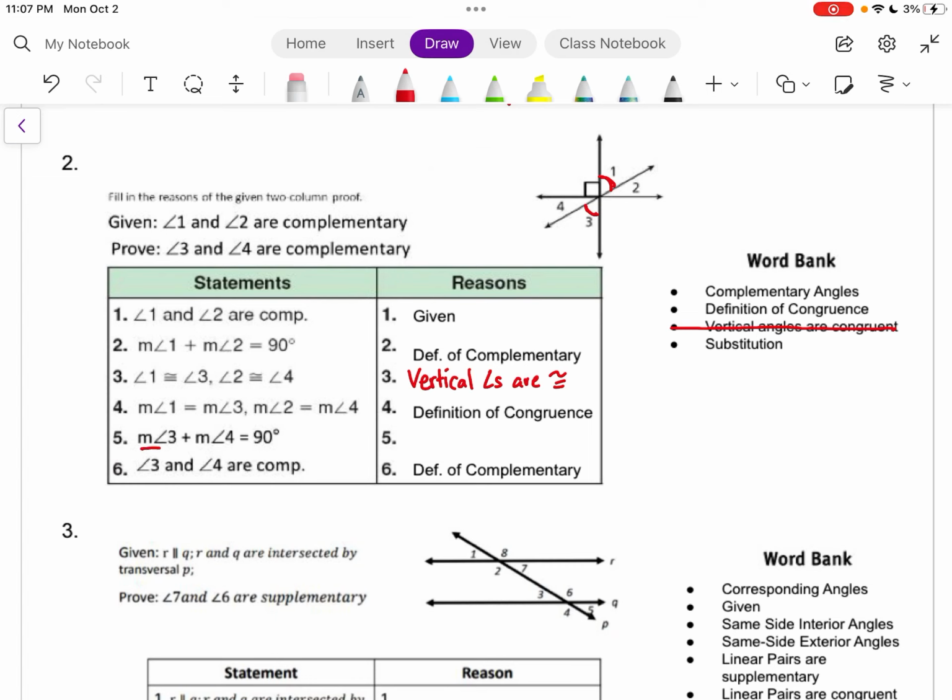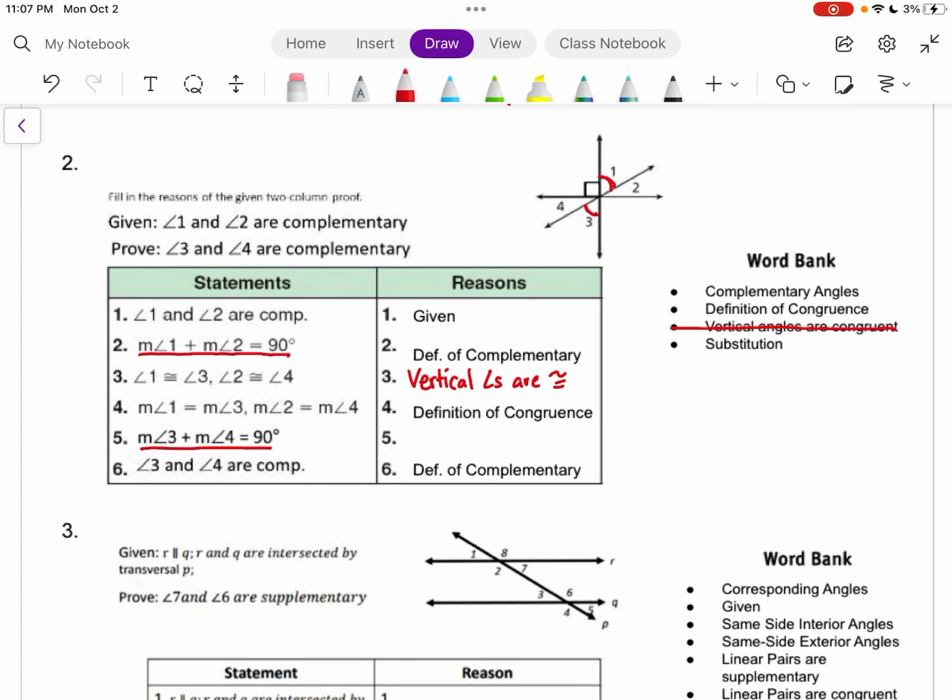If you look at statement number 5 and you compare it to statement number 2, they're virtually the same statement. The only difference is that angle 1 and 2 have been replaced with angle 3 and 4. We talked about this in the previous problem.